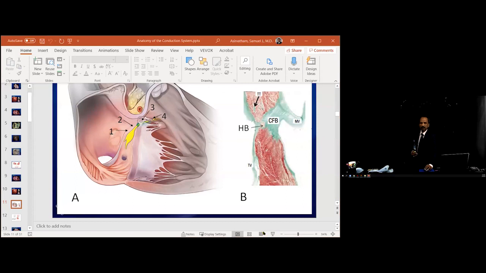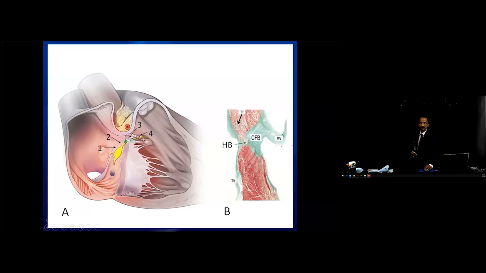It's kind of six of one, half a dozen of the other. If we target this region, the nice thing is we're not messing with the tricuspid valve at all. That's a plus. The other nice thing is that we don't have to go through a thin part of the septum like the membranous septum. So it's probably a plus.